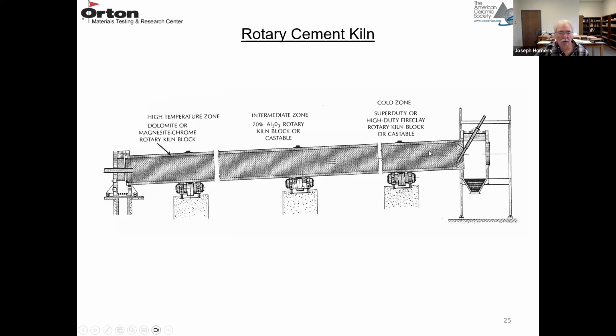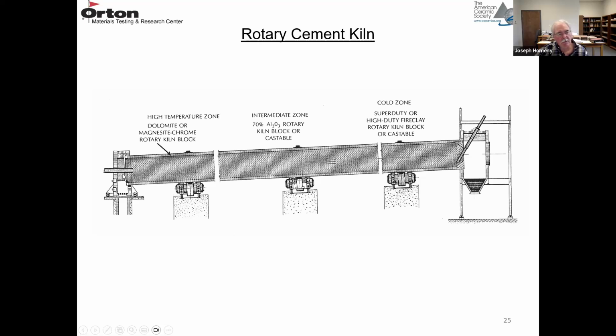So this is what a cross section looks like. This is a long cylinder. It's tilted and it rotates. So this is the cold end. The feed comes in here. So there's a cold zone and an intermediate temperature zone, and then the hot end here, the hot temperature zone. So this is the burner.